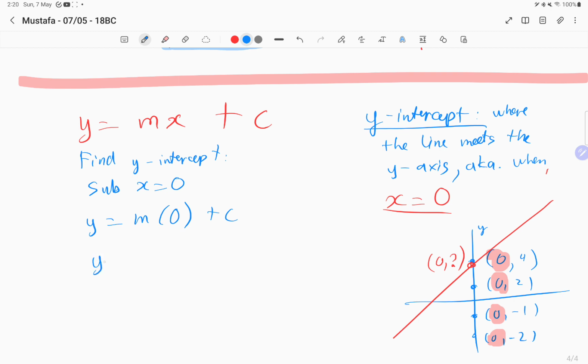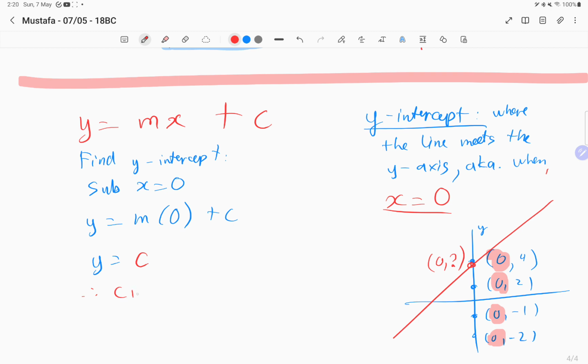M times 0 is 0. Plus c is c. It's just c.